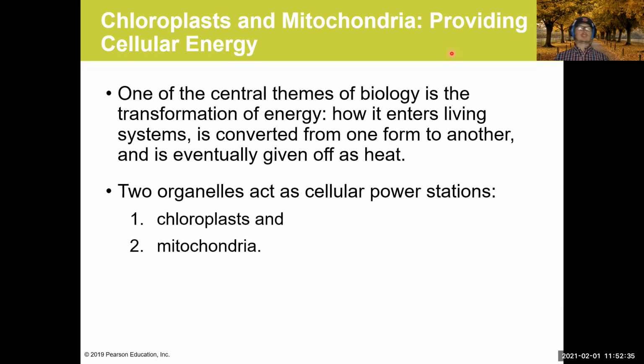That energy is converted from one form to the other, and then you have energy that is lost as heat to the environment and creates the entropy or the disorder in the environment, in the system. And so what we're going to look at here is basically the two organelles that help with the conversion of this energy in living organisms.